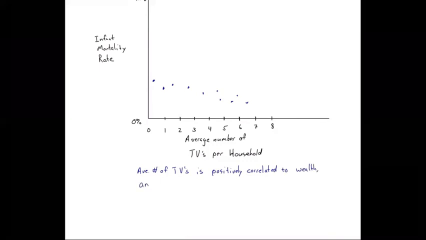And wealth is negatively correlated to infant mortality rate, which means that the more wealth that a nation has, the lower its infant mortality rate must be. And that makes sense because there's more money for healthcare. Negatively correlated.